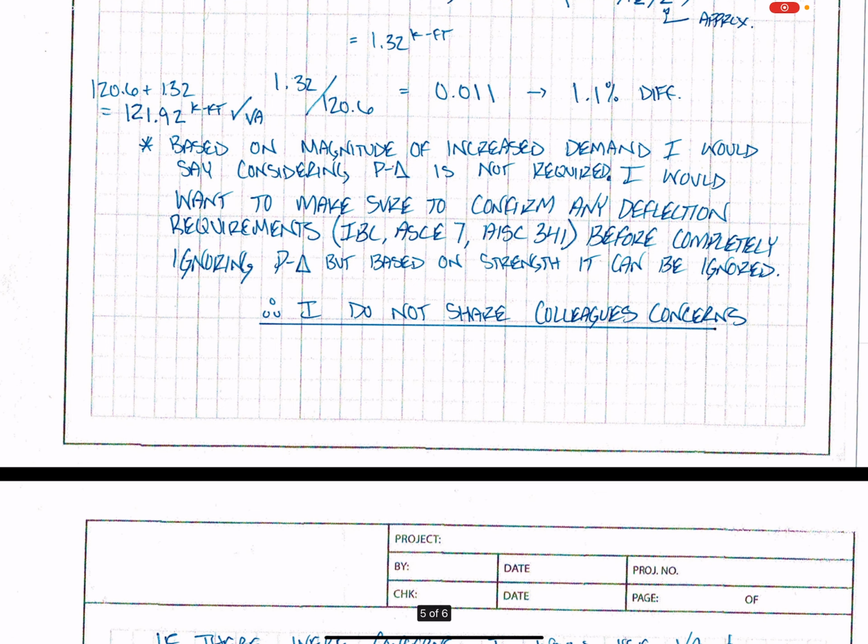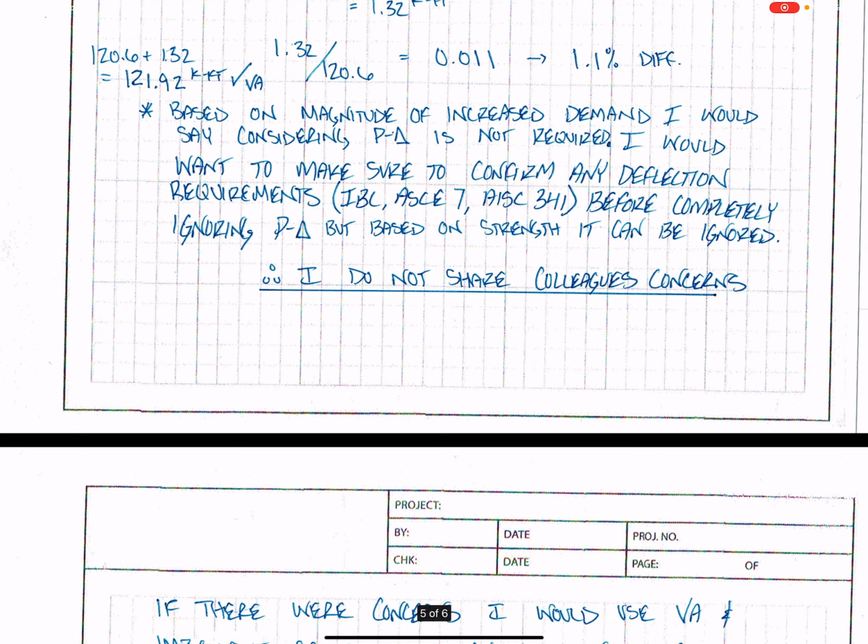But I put this caveat in here because, as we were relating P delta, we were really just relating back to the magnitude and how it related to the demands on this column. But sometimes there are things outside, right, that are requirements like that seismic stability check. There's also IBC deflection requirements, right?